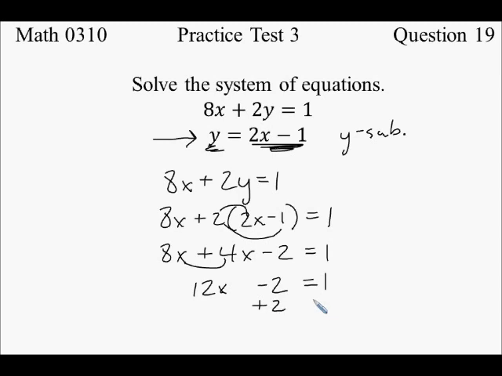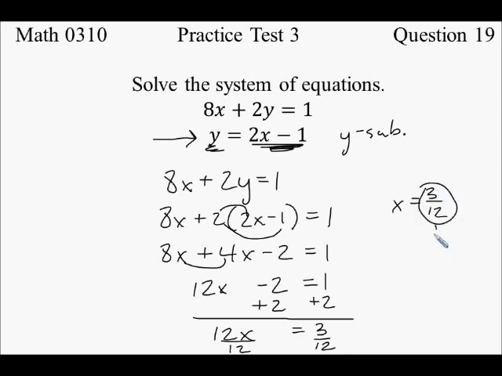We add 2 to both sides, which gets rid of the subtract 2. 12x equals 3. Then we divide both sides by 12. We get x on the left side and 3 over 12 on the right side, and we can reduce this fraction. Both numbers are divisible by 3, so that becomes x equals 1/4.